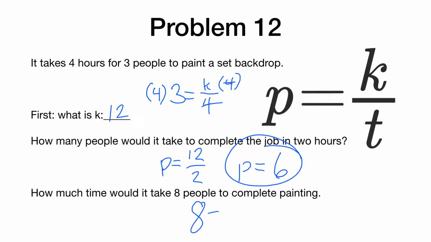So in that case, it's 8 equals 12 over T. Now, remember, it should work the other way as well, but we want to get T on top. So 8T equals 12, meaning T equals 12 over 8, which is 3 over 2, or 1.5 hours.